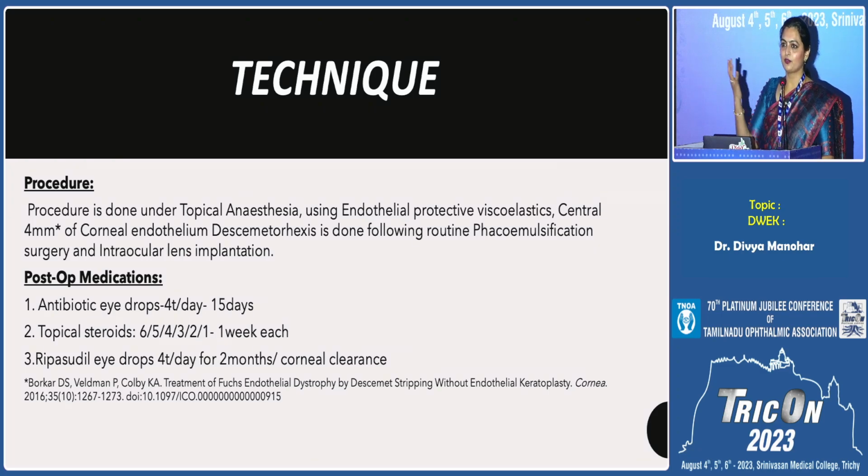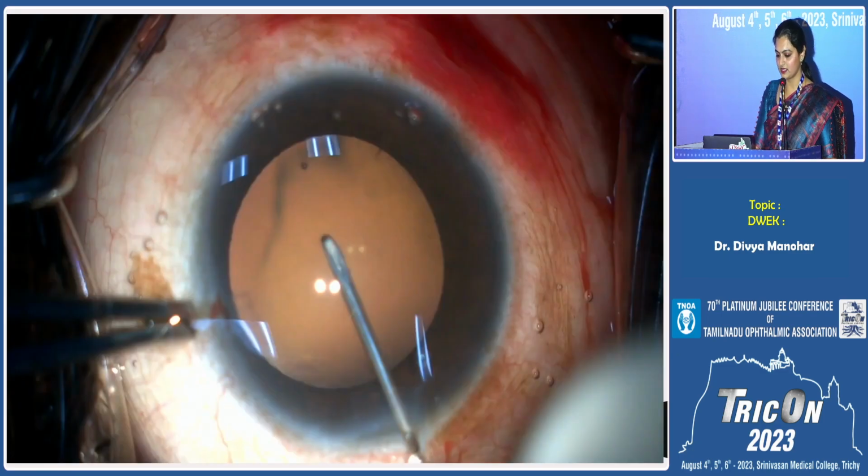The reason, again, is that we want the good cells from the periphery to migrate towards the center. Post-operative medications are what we follow for regular cataract surgery, and in addition we start the patients on Ripasudil eye drops 4 times a day for a minimum of 2 months or until the cornea clears.